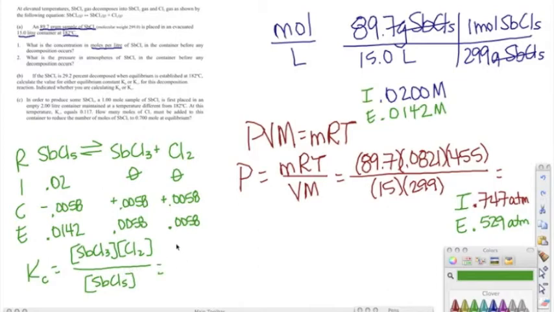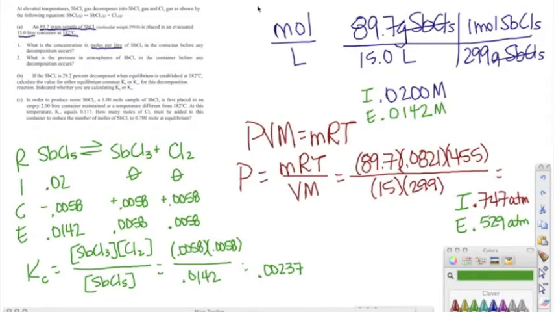So here I just plug in the numbers: 0.0058 times 0.0058 divided by my reactants, 0.0142, and I end up with Kc equal to 237. So there's Kc.